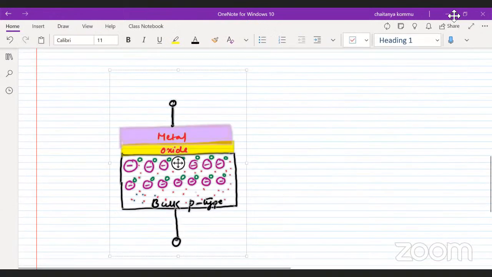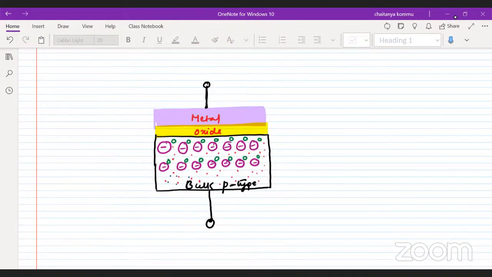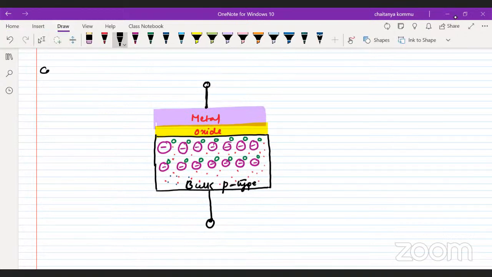For example, case 1, I'm talking about case 1: negative voltage. What does it mean, a negative potential difference? That means we apply the negative terminal of the battery to the metal and the positive terminal to the bottom. So we are making the metal a negatively charged material, providing more carriers here.